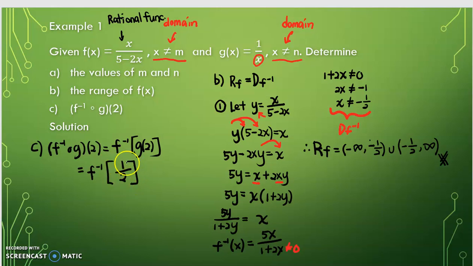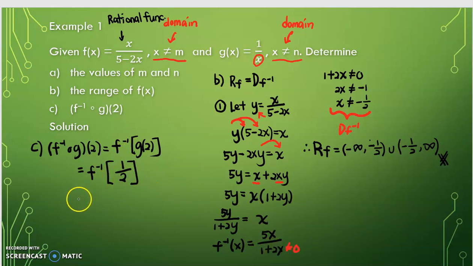Next, we will substitute 1 over 2 into the function of f inverse. So what is our f inverse? The inverse function of f is 5x over 1 plus 2x. So we will substitute 1 over 2 into x.